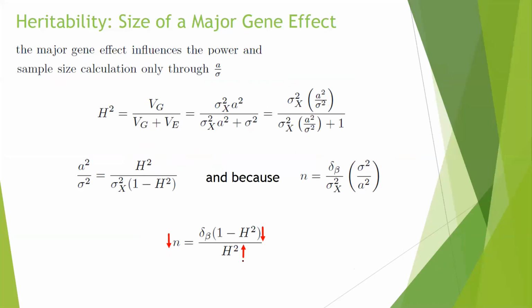Suppose heritability increases. If we are analyzing a trait with greater heritability, the consequence is what? The denominator is increased and the numerator is decreased, so the whole thing will be decreased, which means if you are analyzing a trait with higher heritability and you want to achieve the same level of statistical power, you need a smaller sample size, right?